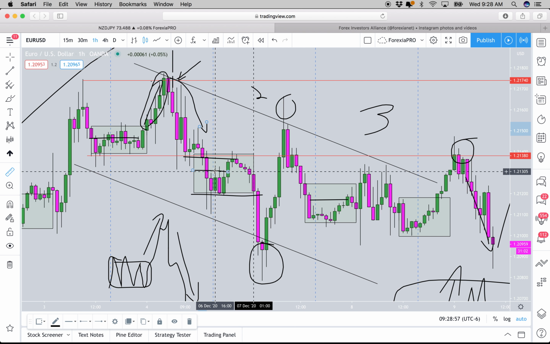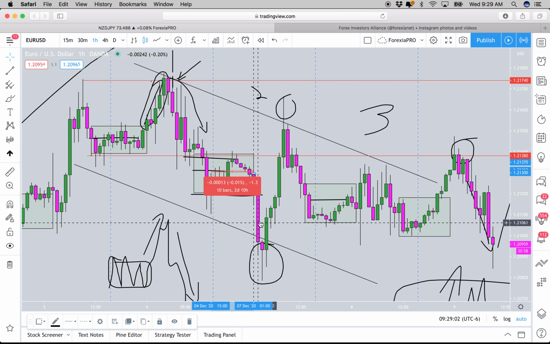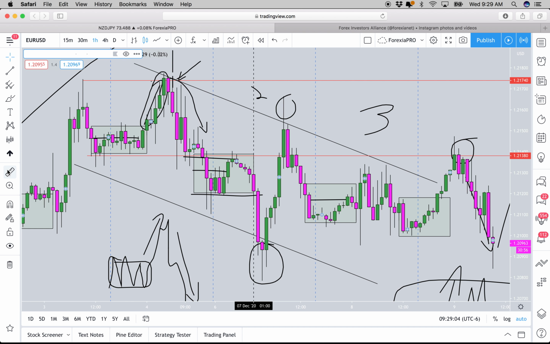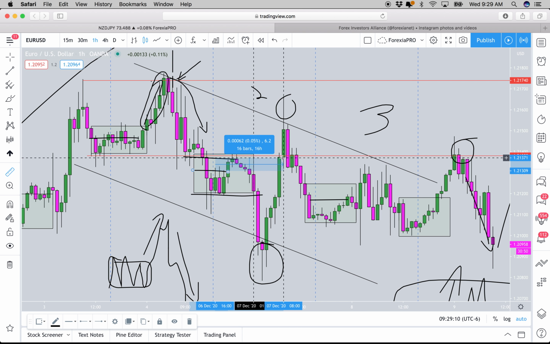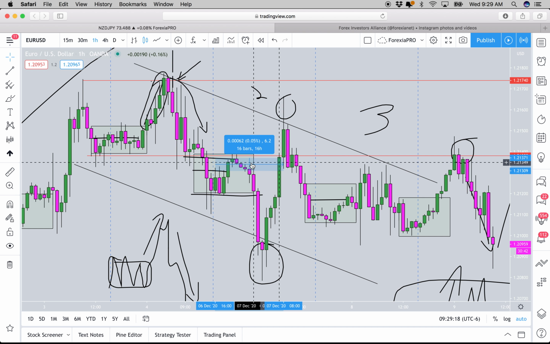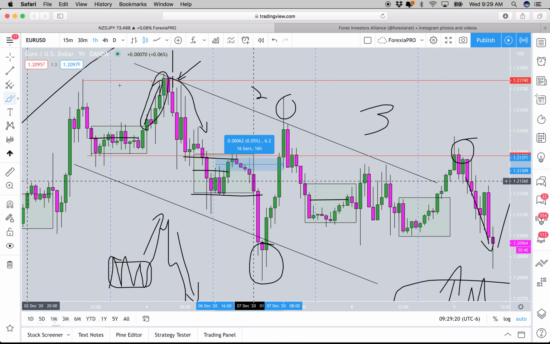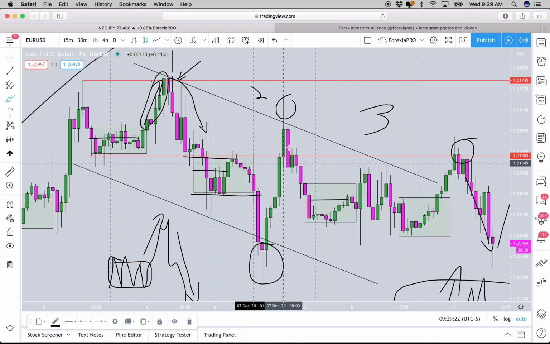So we're going to go over this one more time on the second day. This is 10 hours in, right? We have the breakout. And then we're going to look for 15 hours in. 15 hours in, right here, is the start of New York session. An hour into New York session, they create the high of the day.